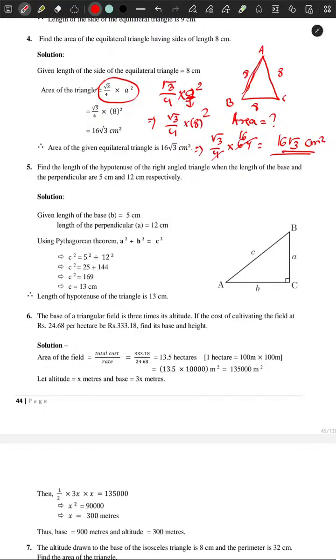As it is asked to find its area, we have to write the answer in square units. If it were provided that its side's length is 8 meter, then we would denote it as meter square, 16 root 3 meter square.